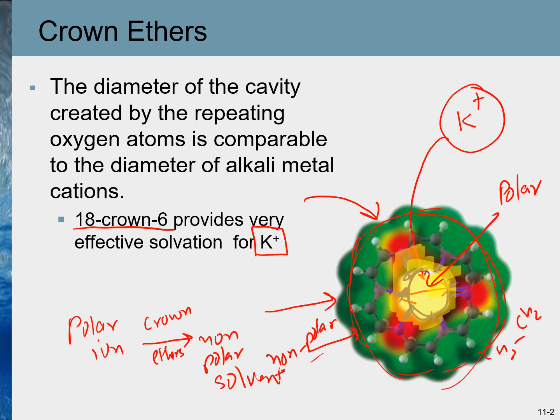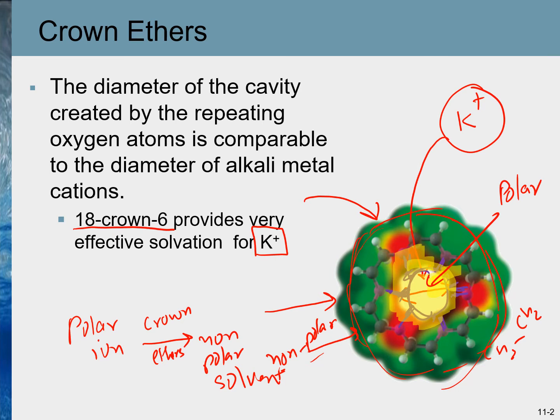This ability is quite useful. For example, potassium permanganate does not dissolve in benzene. However, if 18-crown-6 is added to benzene, the solution takes on the purple color characteristic of the permanganate ion. What happens is that the permanganate ion goes inside the cavity of the crown ether, and then the entire crown ether dissolves in benzene, allowing the permanganate ion to dissolve in benzene.